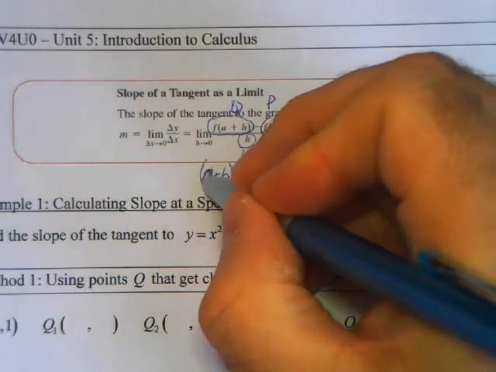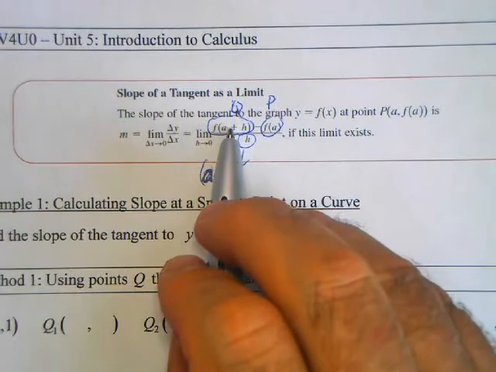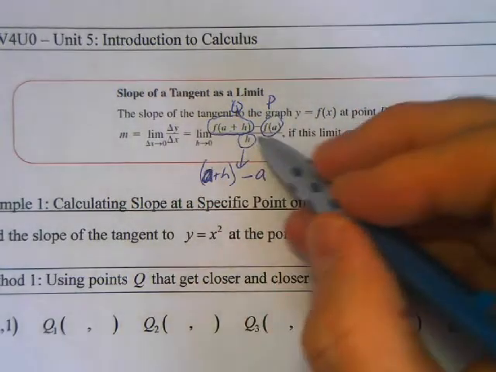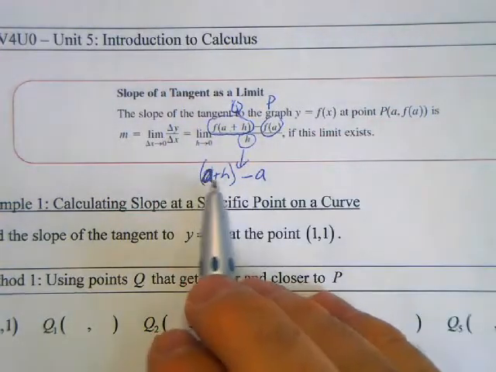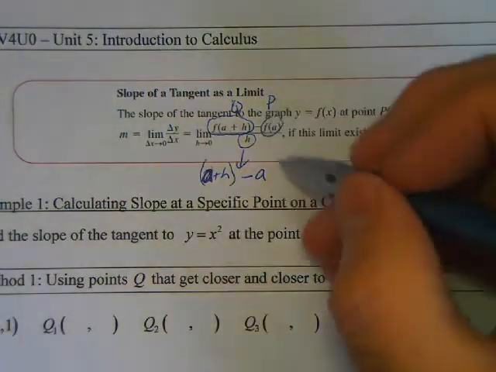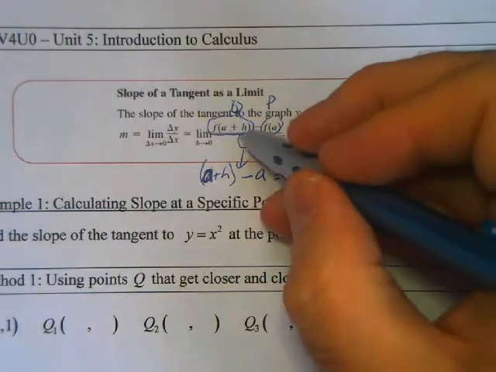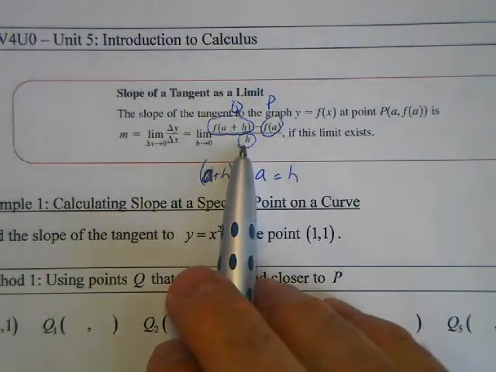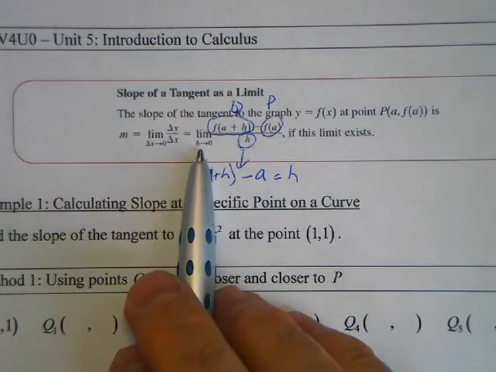The x coordinate of P is just a. So if I found the difference, or the run, it's a plus h minus a, which is just equal to h. So that's why the h is on the bottom. That's the difference between the two points. But you're trying to simulate, as h becomes 0, what is this slope?